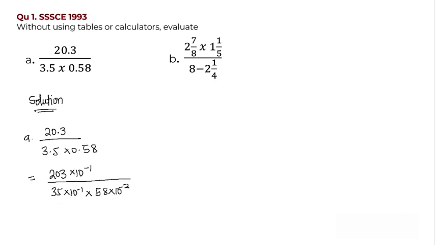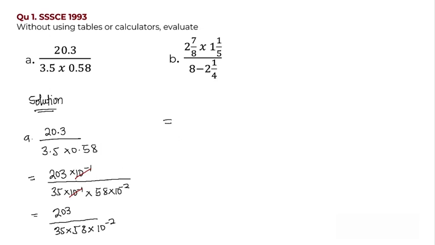we can do one thing. We see there is 10 raised to the power -1, 10 raised to the power -1, one at the top, one at the bottom, so they can cancel each other out. So from here we are only left with 203 at the top, and then at the bottom we have 35 multiplied by 58 times 10 raised to the power -2.